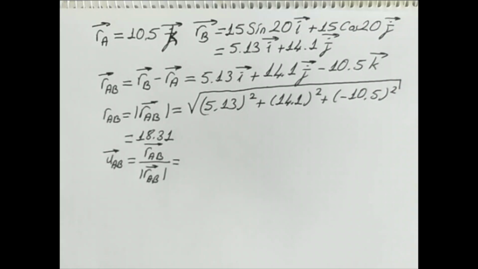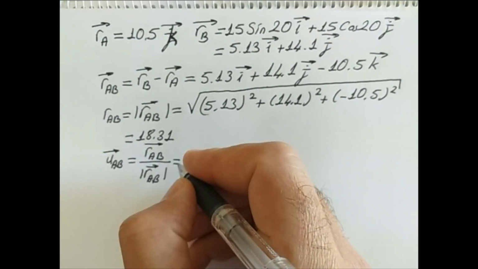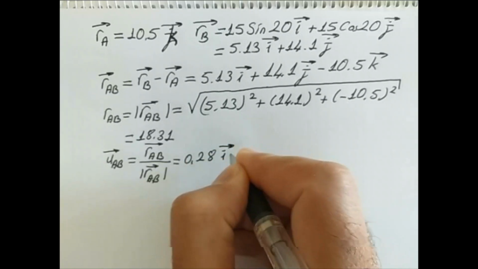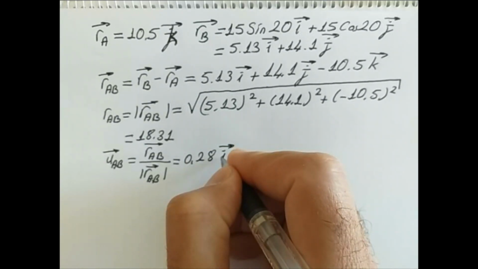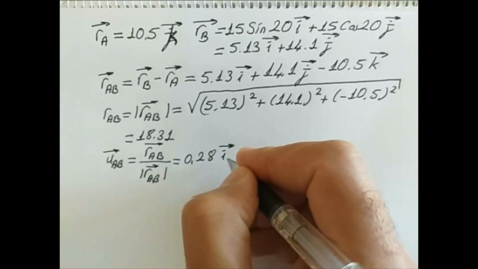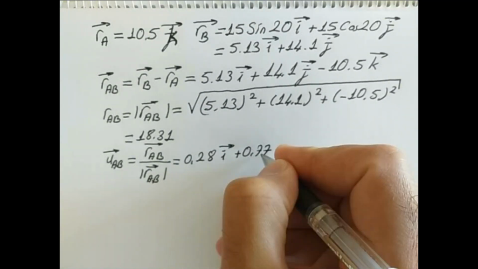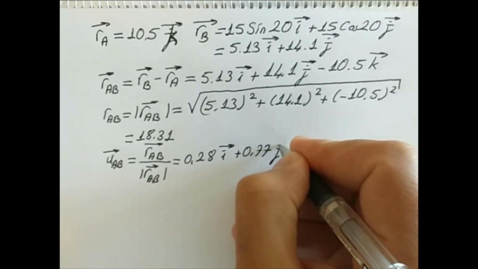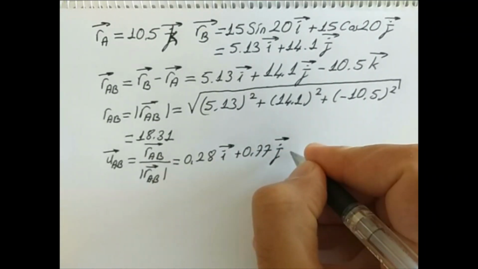So the components of the unit vector are 0.28 I vector plus 0.77 J vector minus 0.573 K vector.